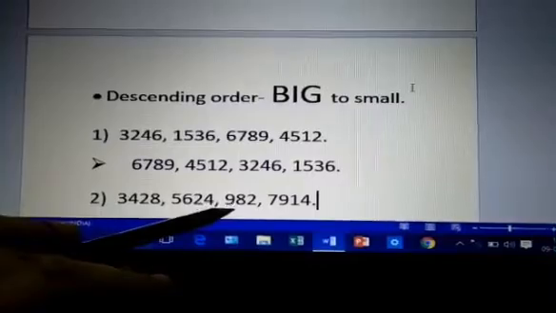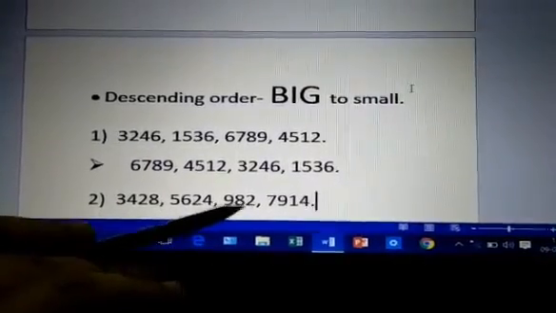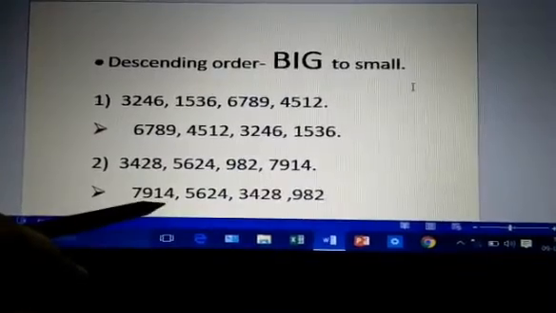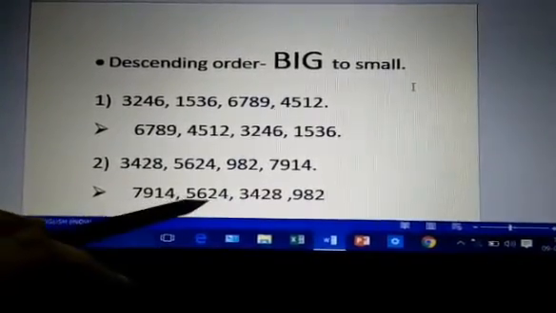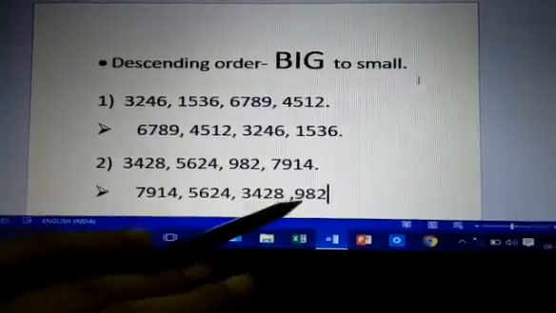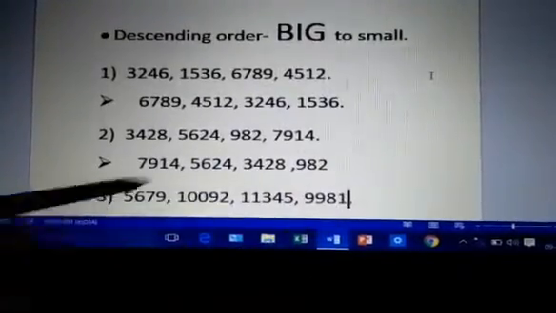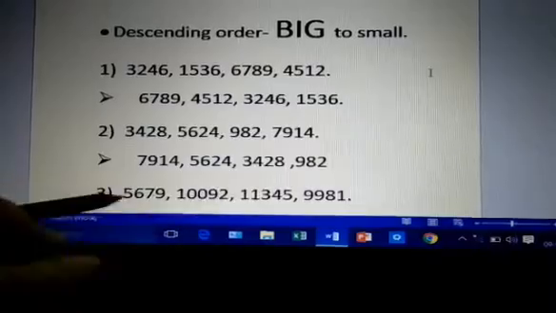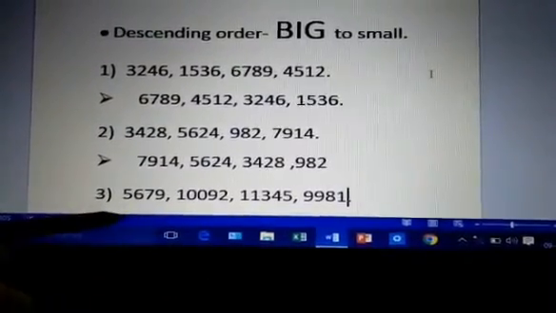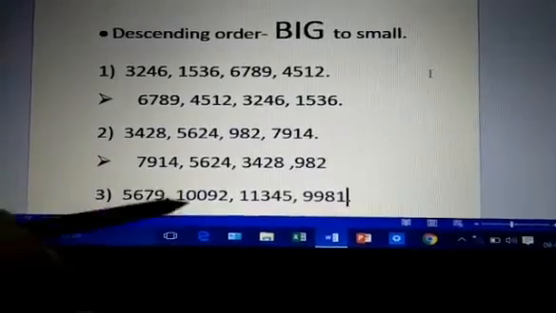So the smallest number will be 982. Let us check our answer. Yes, 7,914, 5,624, 3,428, 982. So always remember children, first we will see the digits. Okay, how many digits are there, and then next step compare with their place.